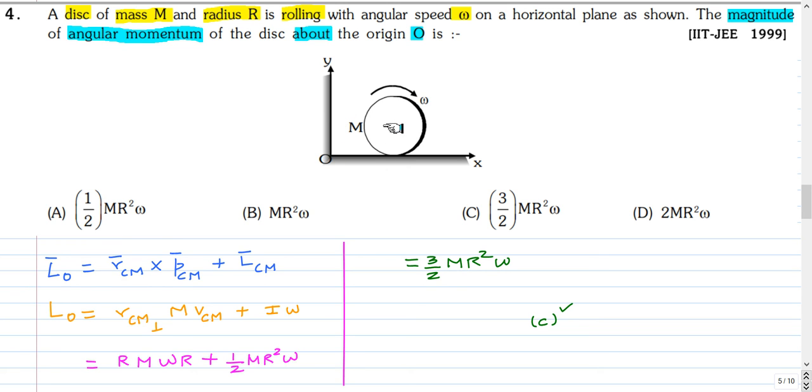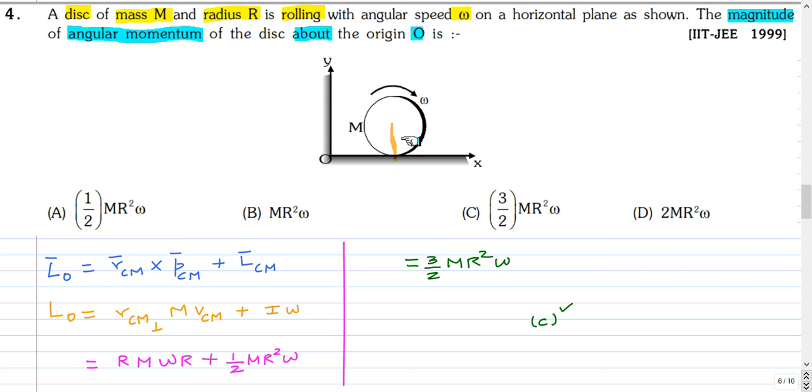So this is the r vector. r cross p is r perpendicular into m into the velocity of the center of mass. r perpendicular is this distance, which is the same as the radius of the disk, capital R, and m into the velocity of the center of mass is m omega into r, as there is no slipping. When there is no slipping, the linear velocity v and omega are related as v equal to omega into r.